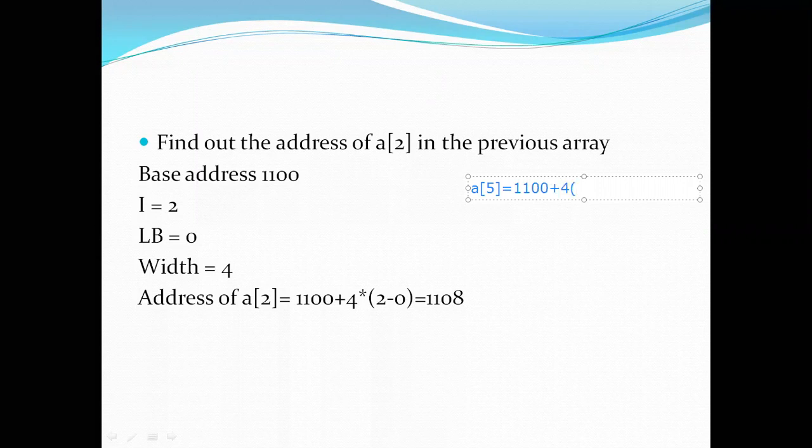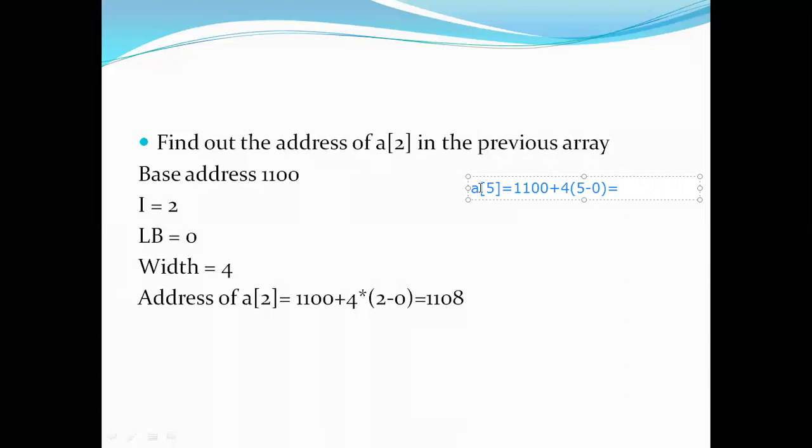What will be the lower bound? That is equal to 0. And the index is 5, that is what we want to calculate, so 5 minus 0. That is equal to 4 into 5, it is equal to 20.